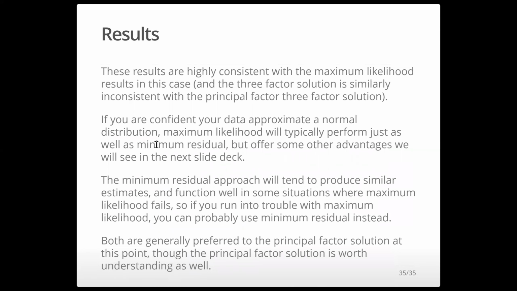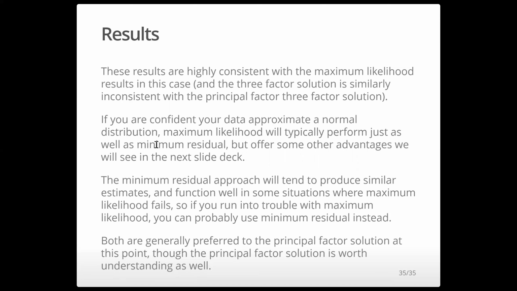In general, if you're confident that your data fit an approximate normal distribution, maximum likelihood is usually going to perform just as well as the minimum residual approach, and offer some other advantages that we'll talk about in the next set of slides. The minimum residual approach is a bit more flexible in cases where you are violating these assumptions, or you have a matrix that is not behaving very well.